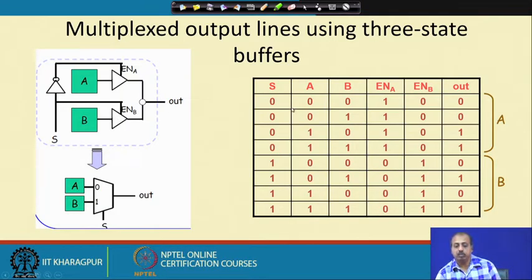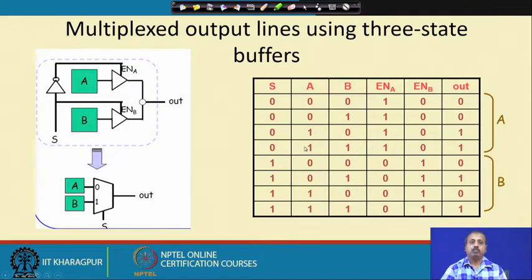If you look into the truth table, when enable A equal to 1, and naturally in that case enable B has to be 0, whatever be the value of A, that comes to the output. Similarly, when enable A is equal to 0 and enable B is 1, whatever be the value of B comes to the output.